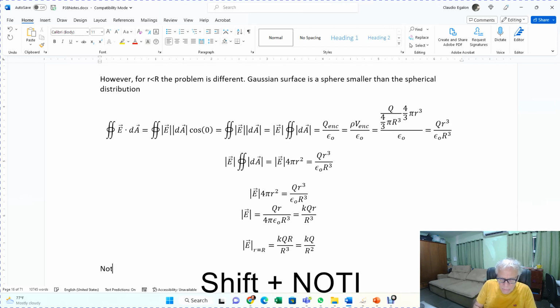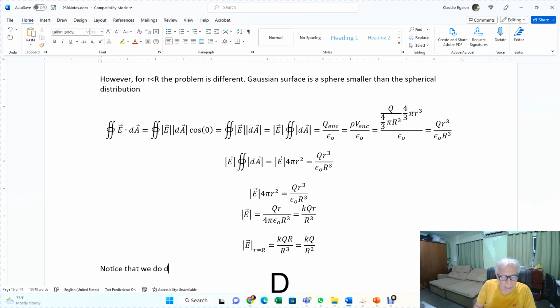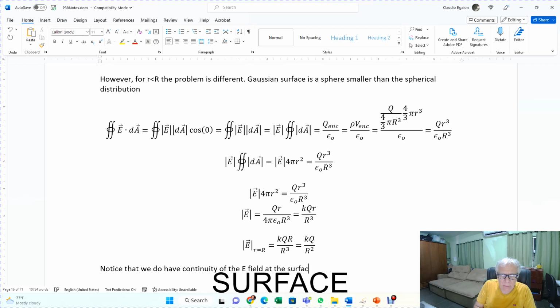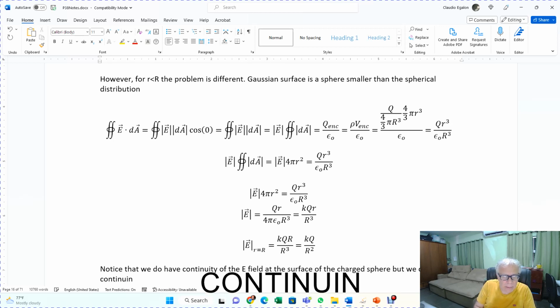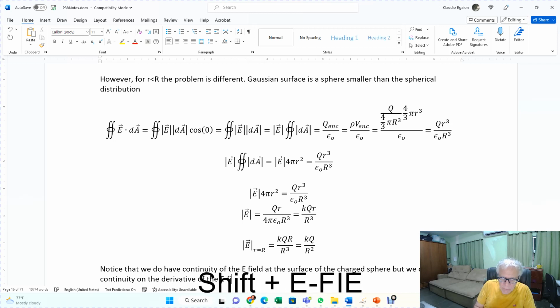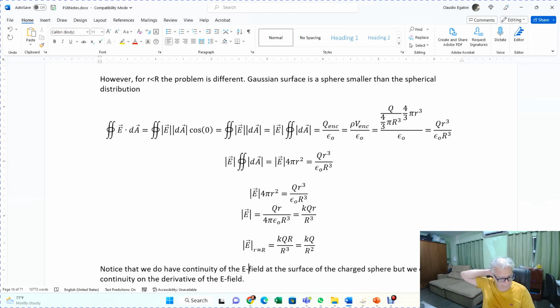Note that we do have continuity of the E field at the surface of the charged sphere, but we do not have continuity on the derivative of the E field. That's typical behavior of electric fields.